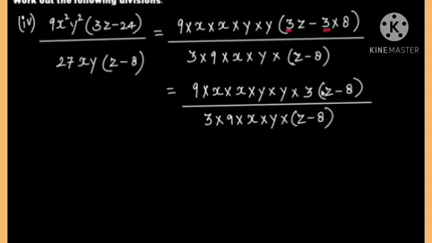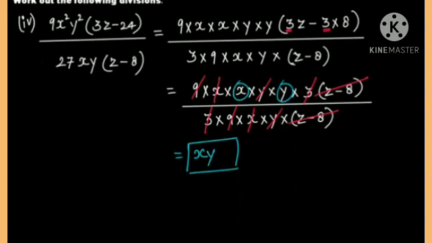Right, now z minus 8 and z minus 8, these two are the same, therefore they get cancelled. This 9 gets cancelled because they are the same. This 3 gets cancelled. This x gets cancelled. This y gets cancelled. What we are left with is x multiplied by y, that is xy. So this is the answer of this division.